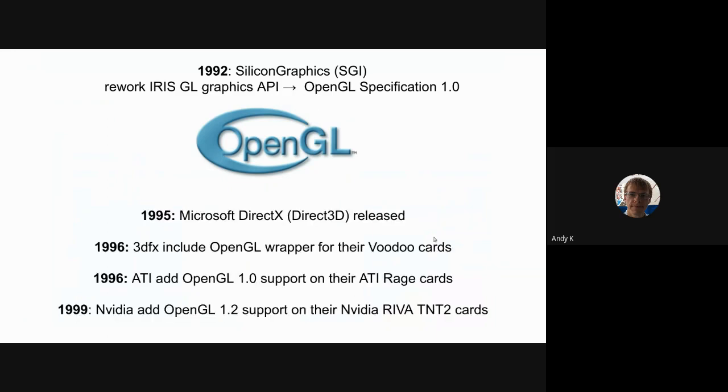This was picked up by a number of the other graphics card vendors, including 3DFX, ATI, and NVIDIA. If anyone's interested, 3DFX was purchased by NVIDIA in the year 2000, so they no longer exist. It's pretty much ATI, now AMD, and NVIDIA.